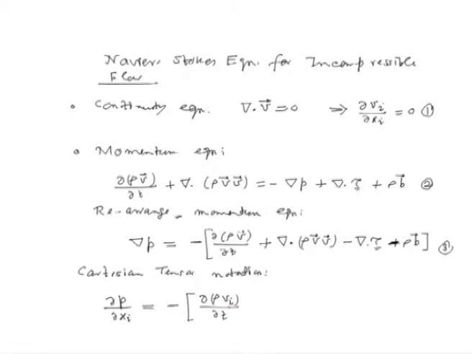We have retained a rho here, but please realize that we are dealing with incompressible flows, so rho is just a constant value. Then minus del over del x j of rho V i V j, plus del over del x j of tau i j, minus rho B i.